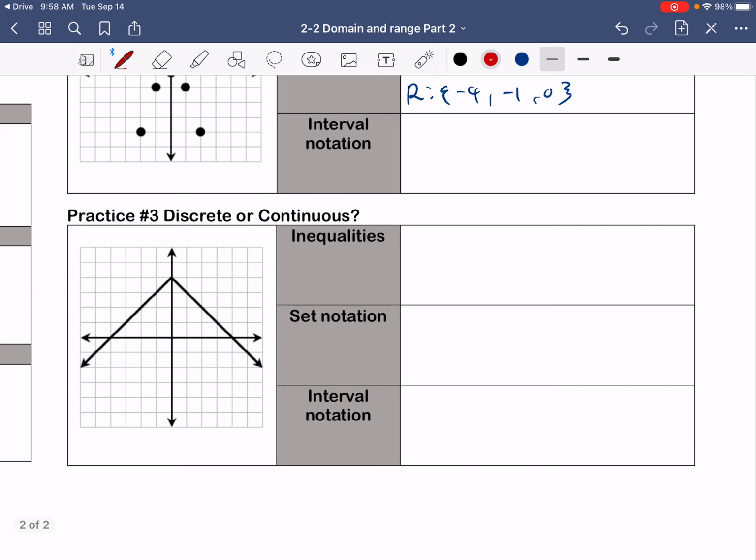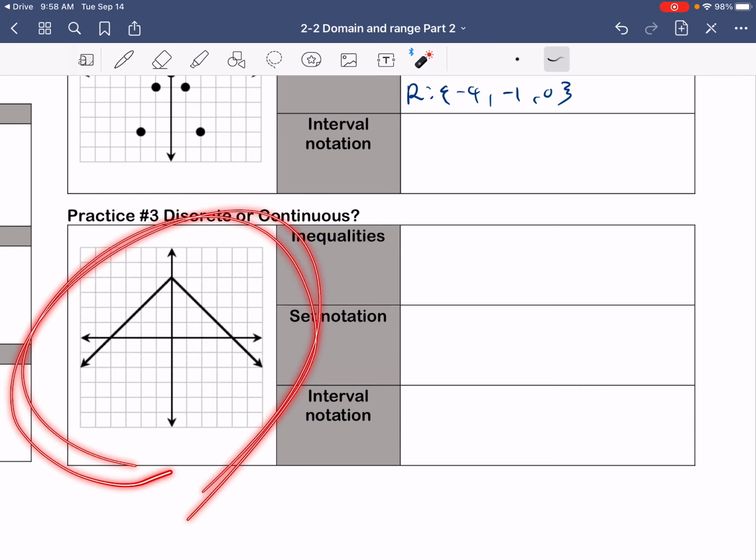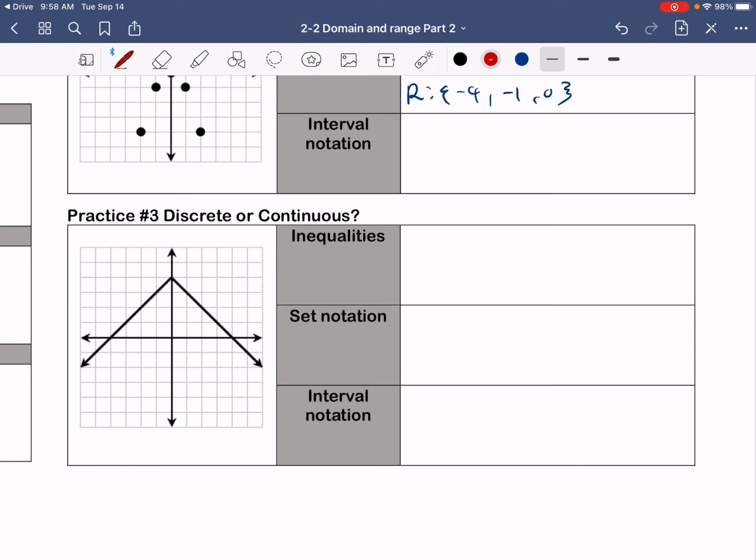Now this one. Always bottom to top, bottom to top, bottom to top. Lowest number possible is what? Negative infinity. Oh, no. Domain is all real numbers, by the way. And for the range, its lowest number is negative infinity because it keeps going down, and highest number possible is 3.